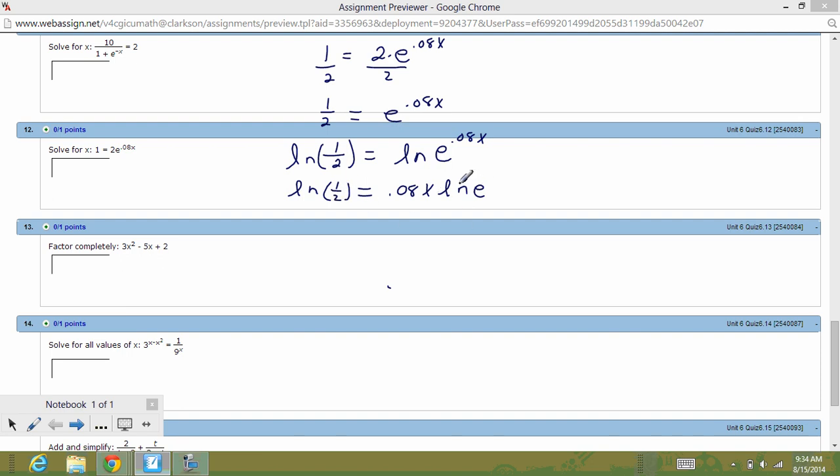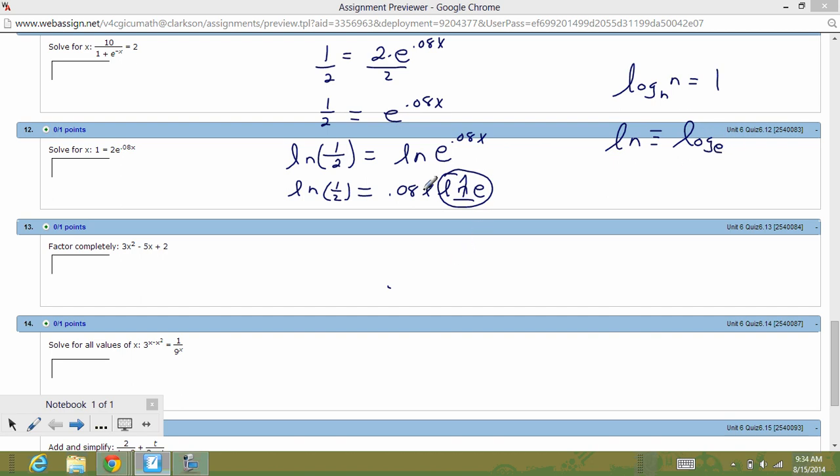And finally, this natural log of e, seen it a couple times before already in this test, that natural log of e becomes a 1. Right? The idea being, if you do a log base n of n, that's always going to be a 1. And of course, natural log means log base e.